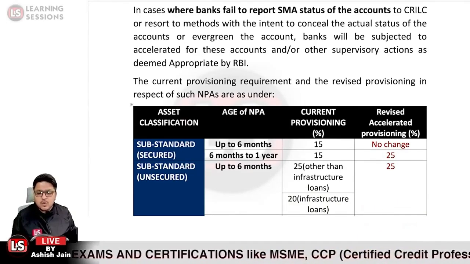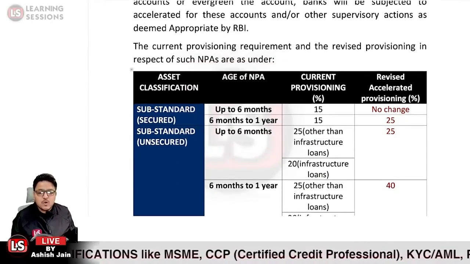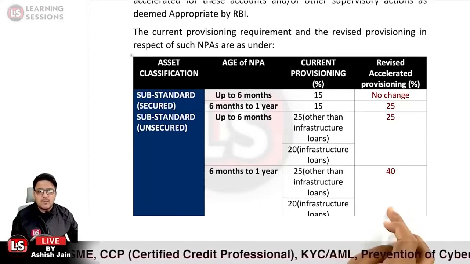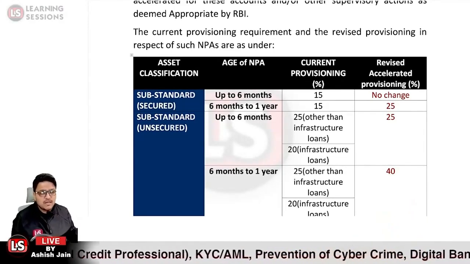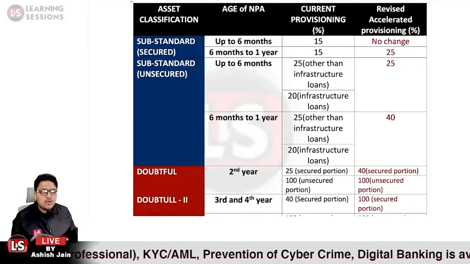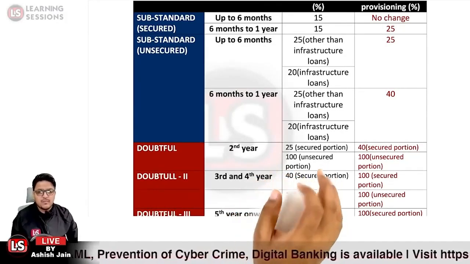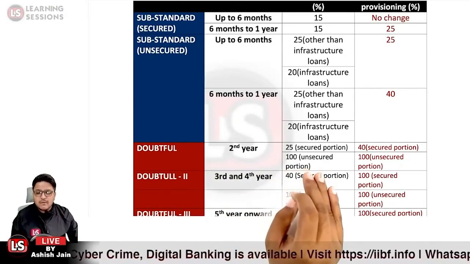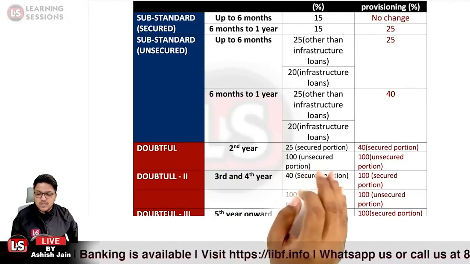And further, where the loan account is an unsecured substandard loan account and the age of NPA is over 6 months up to 1 year, in that case 40% of the provision is to be maintained under the accelerated provisioning norms. And further, if the loan account is related to the doubtful 1 category, in that case 25% of the provision is to be maintained for the secured part and 100% for the unsecured part.